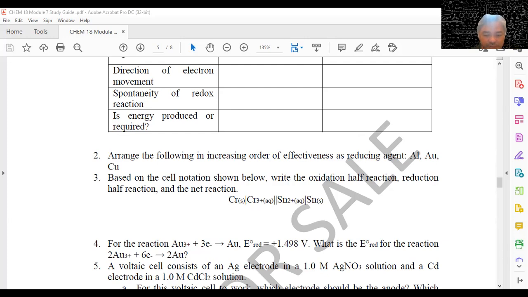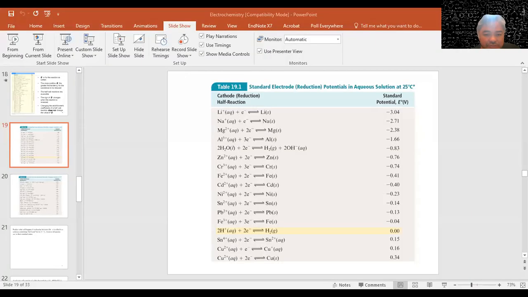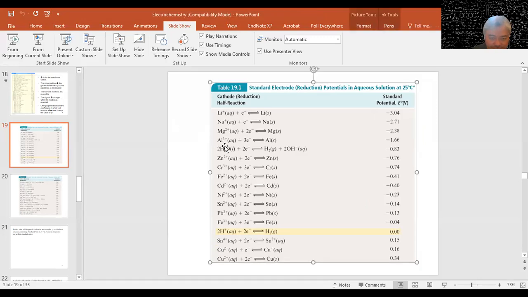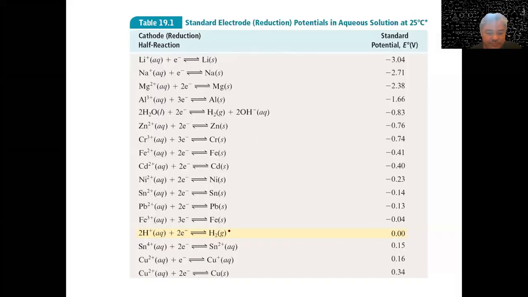So I want you to remember the aluminum, gold, and copper. So I'm going to share to you here the reduction potential. So you have what? Aluminum, gold, and copper. So you have aluminum.